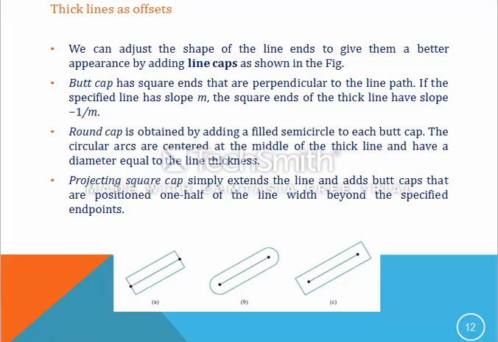The round cap is obtained by adding a filled semicircle to each butt cap. The circular arcs are centered at the middle of the thick line and have a diameter equal to the line thickness. Projecting square cap simply extends the line and adds butt caps that are positioned 1/2 of the line width beyond the specified endpoints.